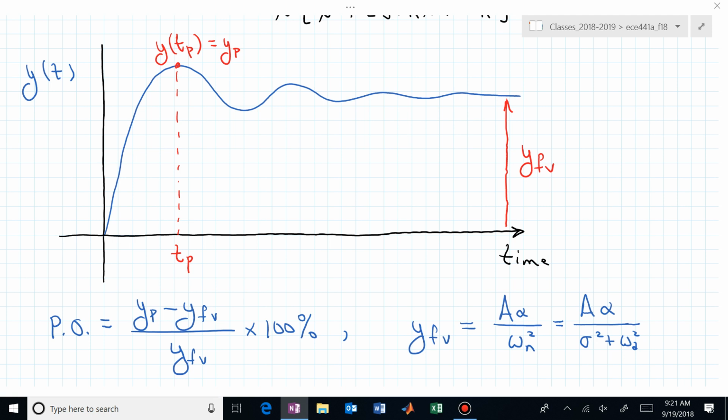You walk over sigma and up omega sub d. However I give you that information, if I give you sigma and omega sub d, you should be visualizing in your head or on a piece of paper their relationship, and maybe the angle that pole is making with the negative real axis to define theta.